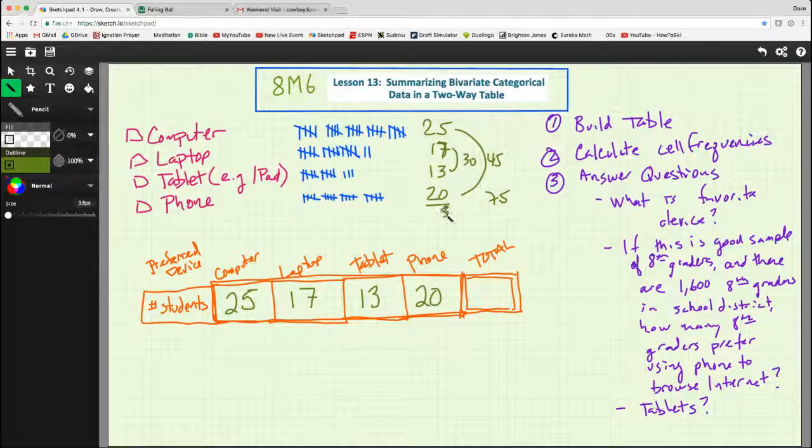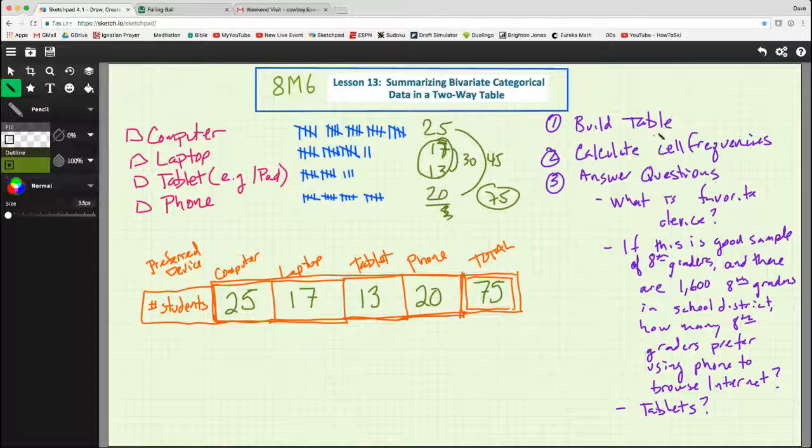I didn't have to do any of that because I used some quick math to group some easy numbers together and come up with 75 total. And I knew that should be the answer because I asked 75 students. But you always want to double check and make sure that you got the right numbers.